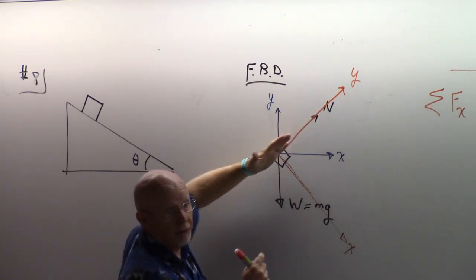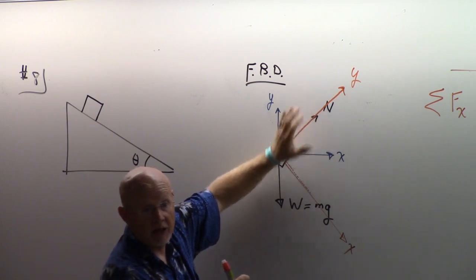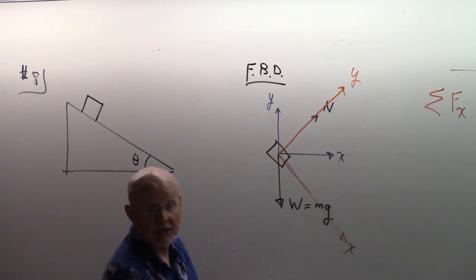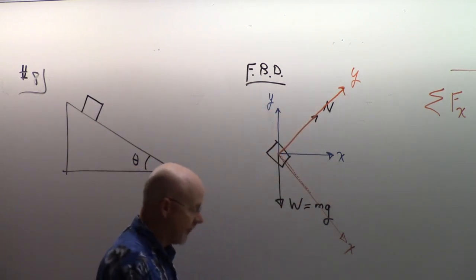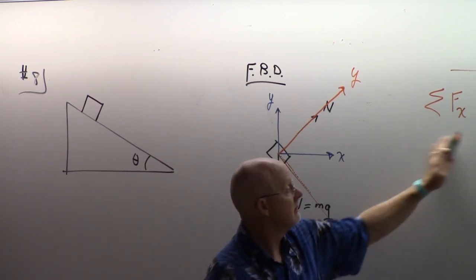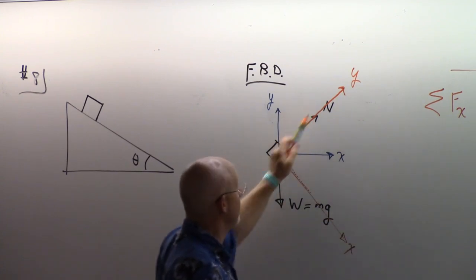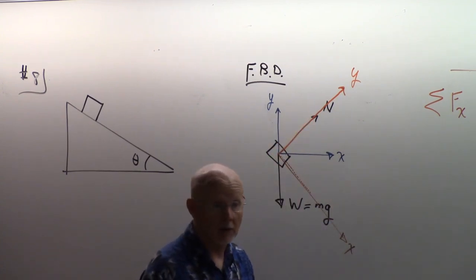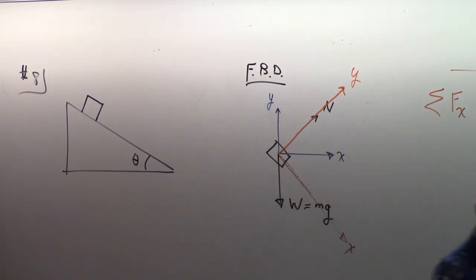This normal force is all in the y direction, nothing in the x. So when it says add up all the forces in the x, nothing from the normal force would go there. In fact, as long as I'm mentioning it, maybe I should put it here and say normal force N.